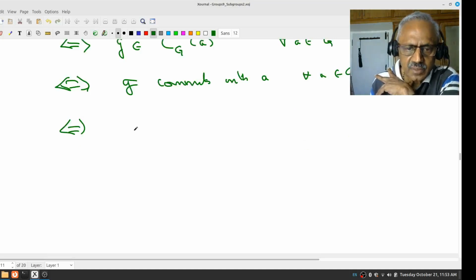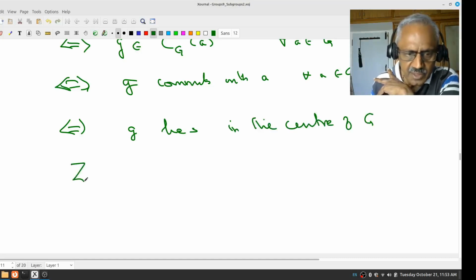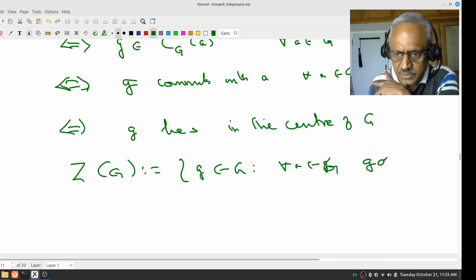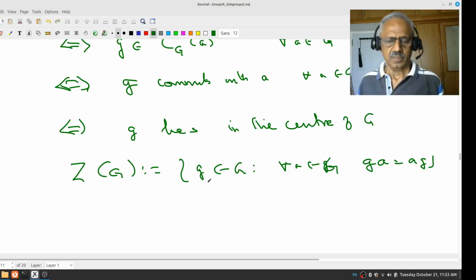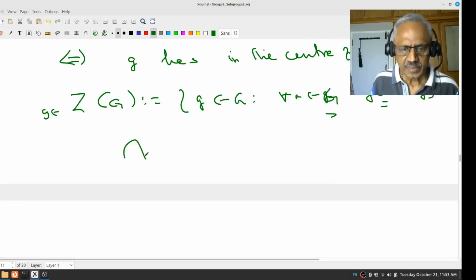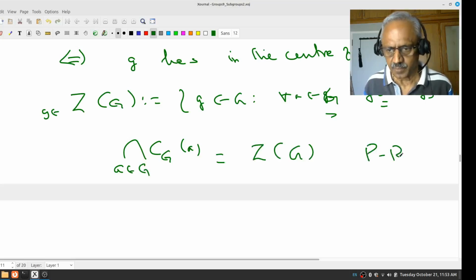This means g lies in the center of G. Remember, the center of G is the subgroup of g in G such that for all a in G, ga equals ag. That is, g commutes with each and every element. If g belongs to this, that means g commutes with each and every element a in G. Therefore, we have found that the intersection of C_G(a) as a varies over G is the center of G.